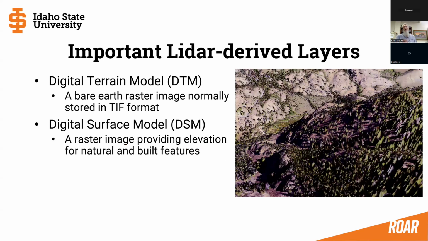And what we're doing, of course, is using Lidar to derive some important layers for the state of Idaho. We have already assembled a digital terrain model in an image service. Digital terrain model, remember, is another word for a bare earth model, essentially a DEM.